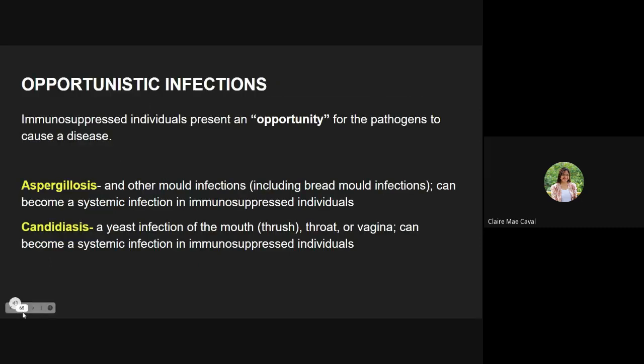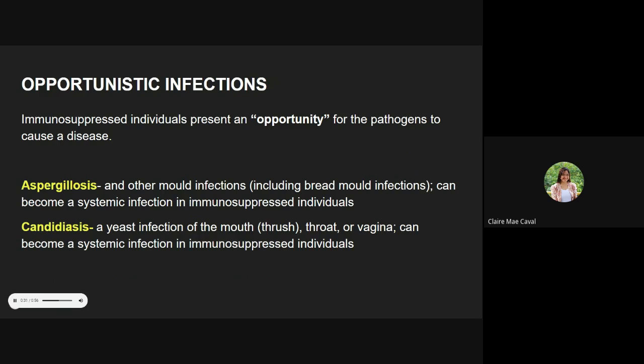So lastly, we have here opportunistic infections. This refers to infections that do not usually cause disease in healthy individuals, or if they cause disease, it will be only mild infections. However, they are more likely to cause disease in immunosuppressed or compromised patients, and those with underlying clinical conditions.